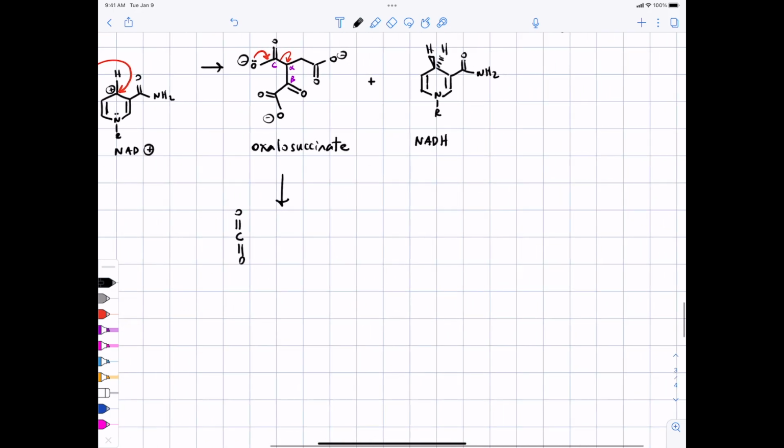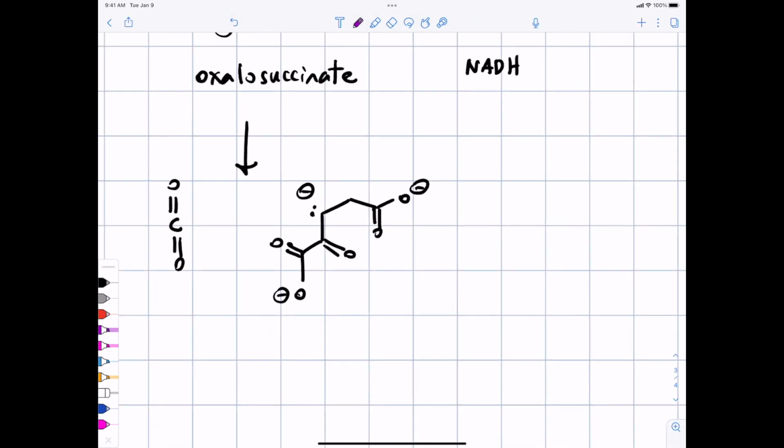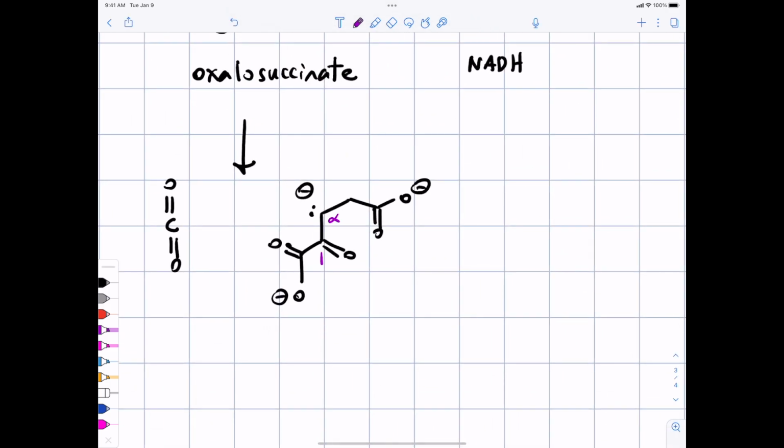That's one of the two. I'm going to keep drawing the molecule in basically the same shape or orientation, though we may straighten it out a little bit later. Here's the carbon formerly known as purple alpha carbon.